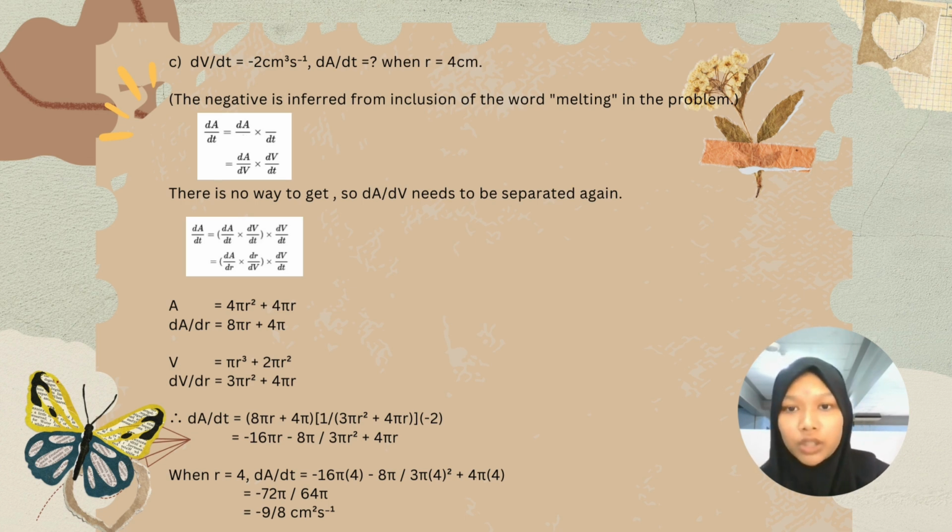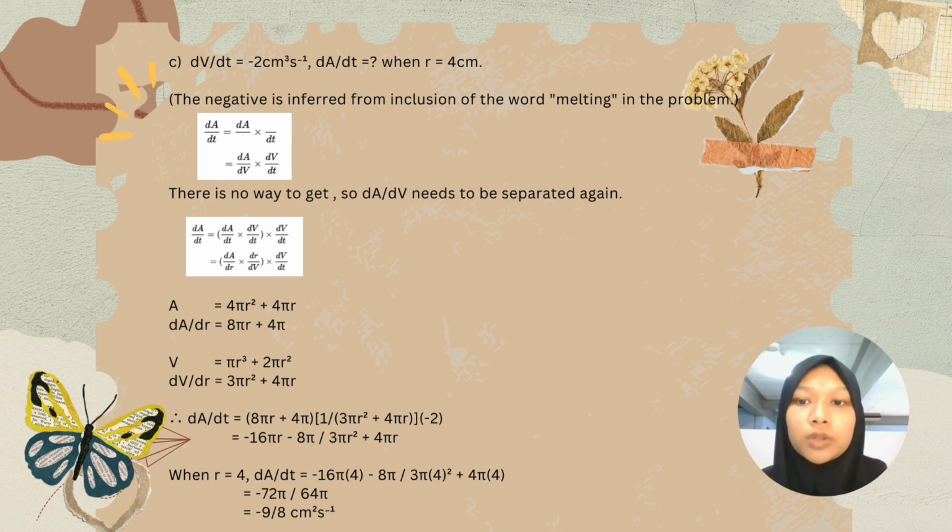In this case, there is no way to get dA over dV directly, so dA over dV needs to be separated again: dA over dr, and here is dr over dV, which we need to multiply with dV over dt. Next, we substitute dr with respect to the radius. This is because the formula for the area of the cylinder has the variable r.